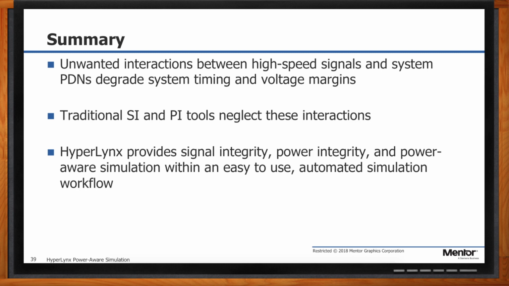And therefore we don't typically have good ways to quantify them. And ultimately, what we're trying to do with HyperLynx, or what we have done with HyperLynx and power analysis, is give somebody one environment where we can do SI, PI, and power-aware simulation to deliberately and quantitatively quantify those effects.